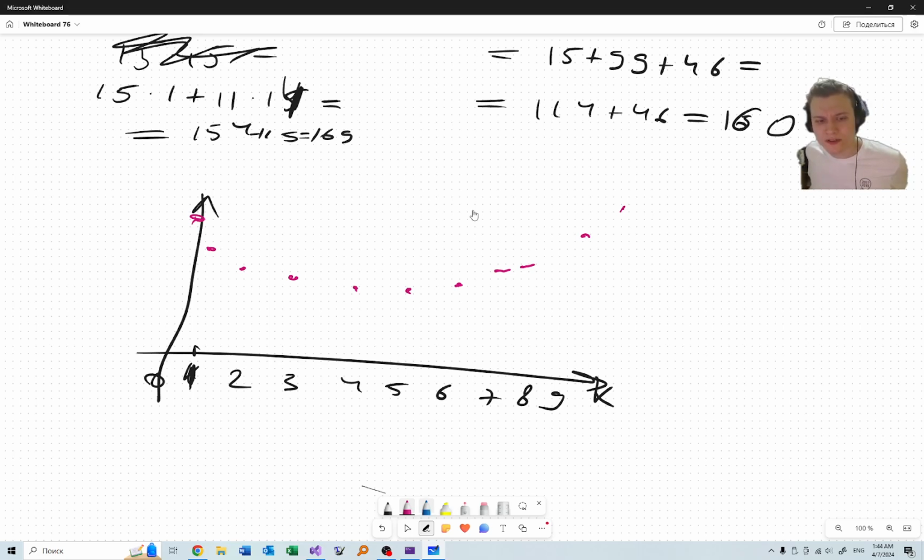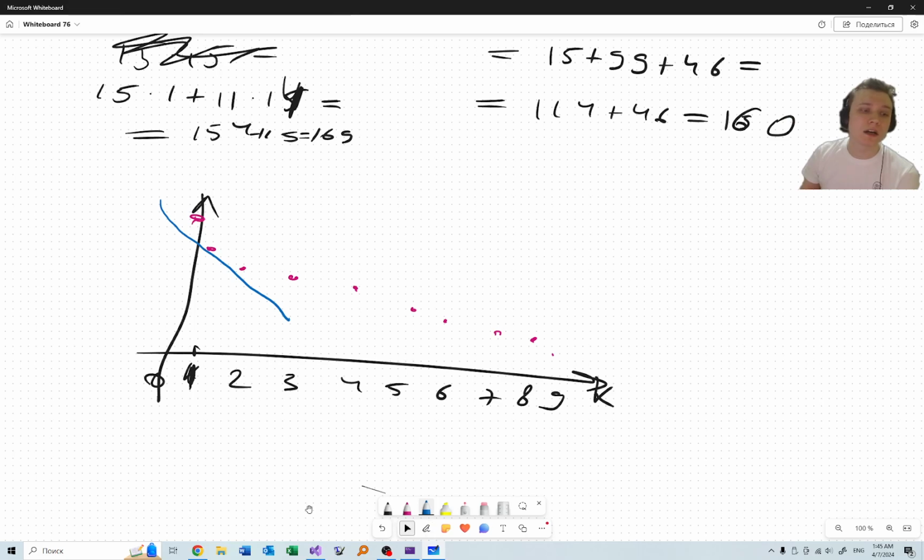And when we say that each k costs some number, this means that we simply take some tangent. It does not. Actually, it does not find.